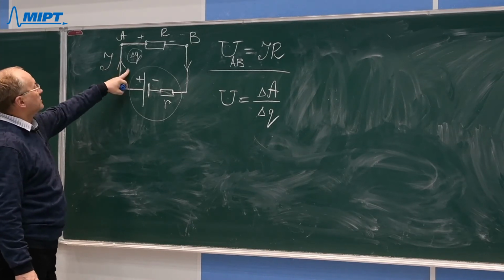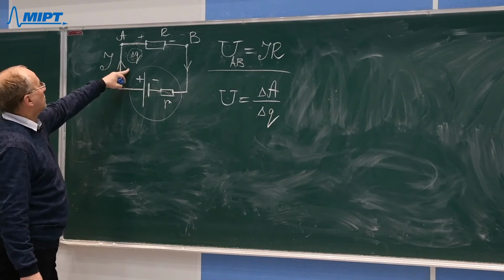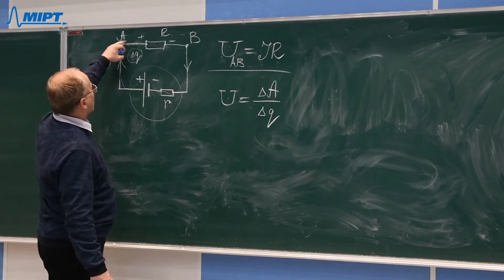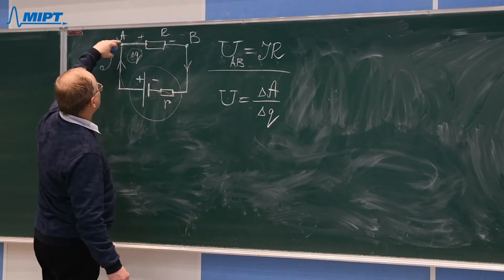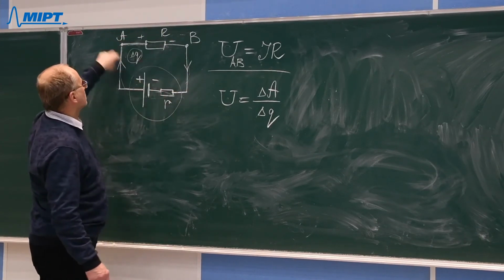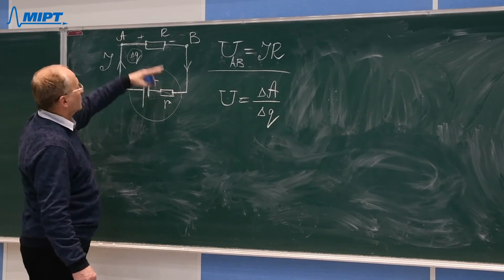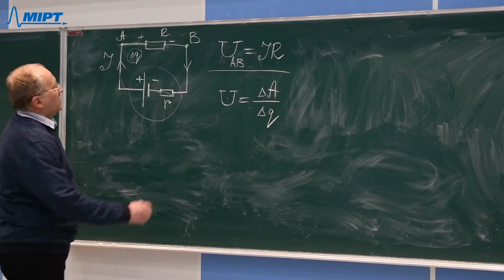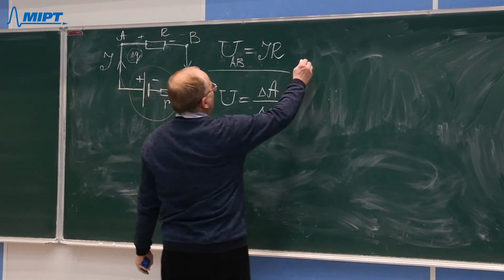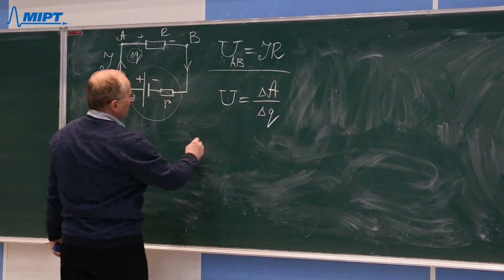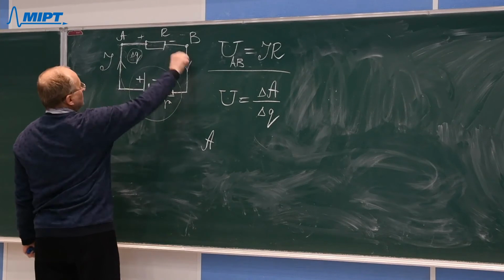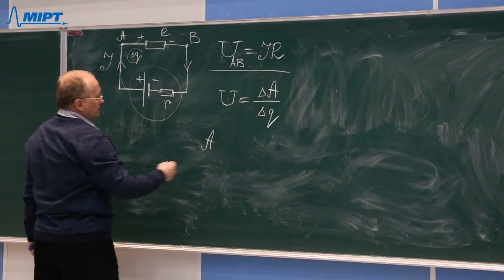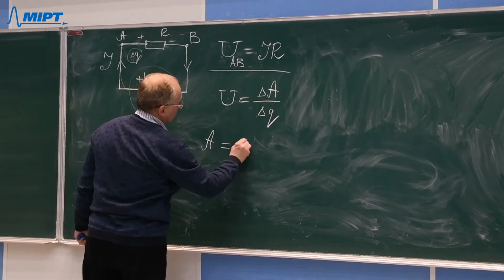And due to the law of conservation of energy, we know that the work done by the field in this circuit, when the small charge goes from point A and returns to point A after having passed through the closed circuit, must be zero. So the total work done when the small charge delta Q moves around the circuit is zero. We know that.